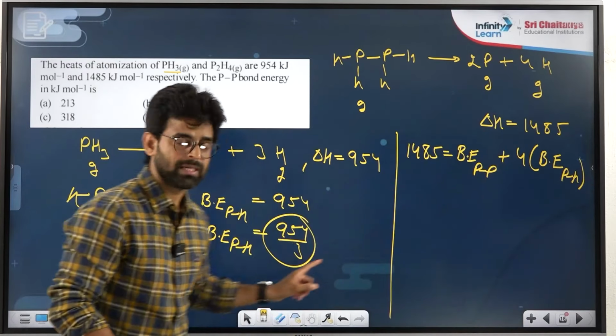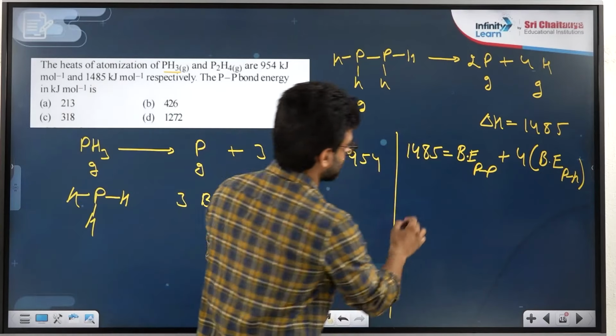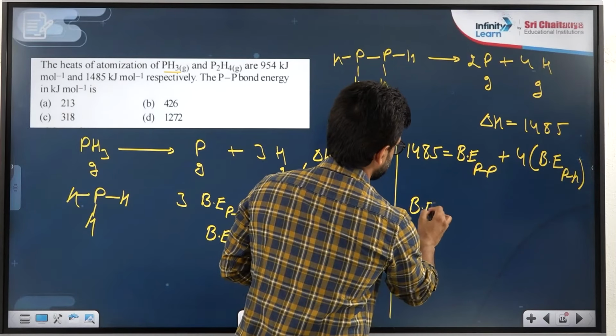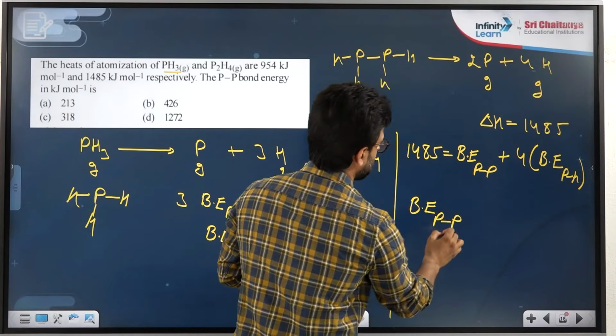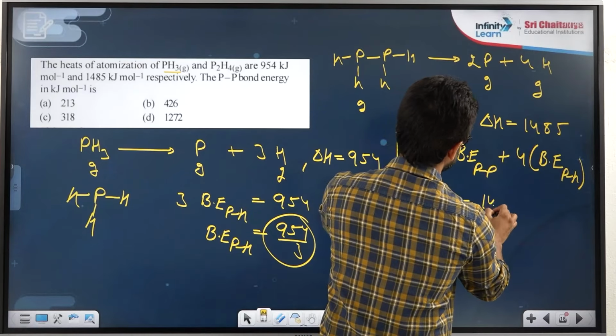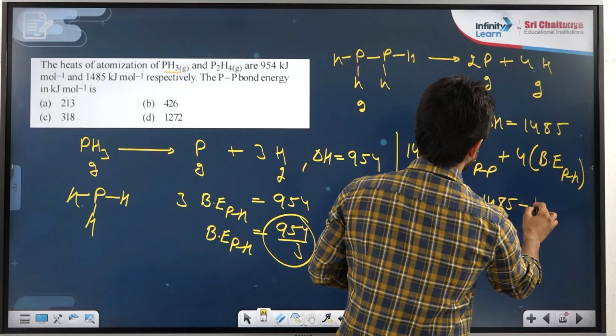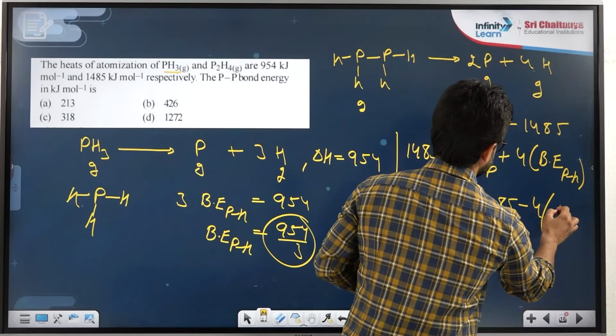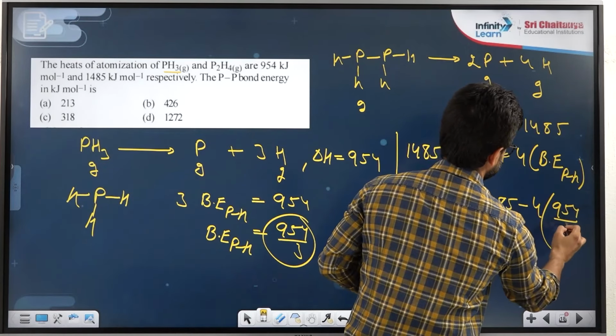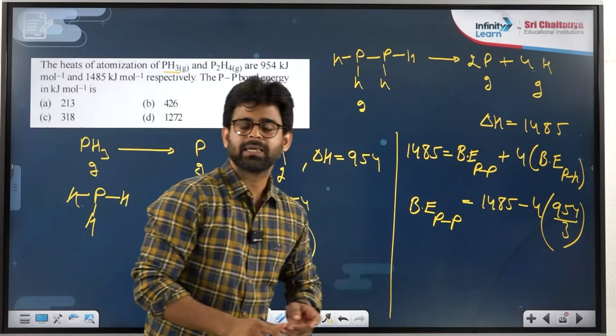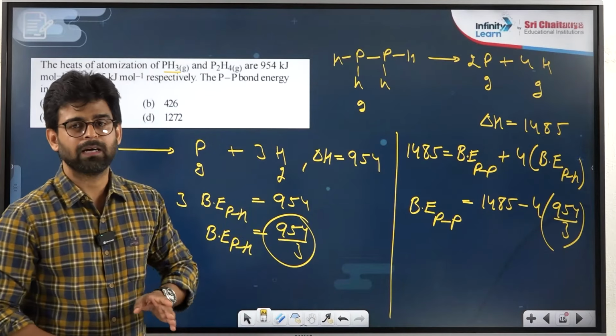This value we got from here, right? So we can find from here the bond enthalpy of PP bond will come 1485 minus 4 into 954 by 3. Right, clear? So this way you can get the value.